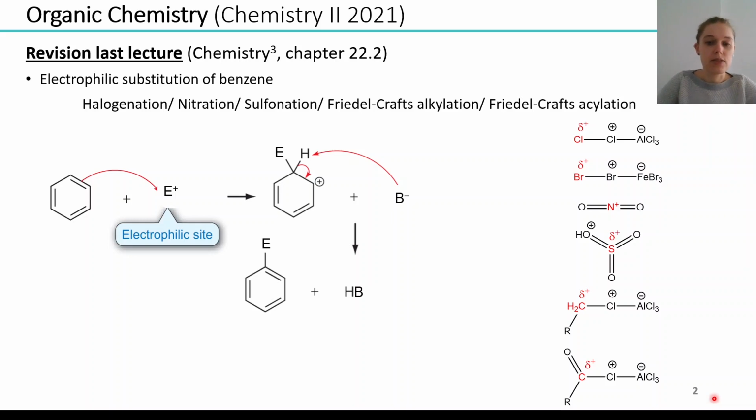However, this coordination complex is not stable, so it will directly break down to form an acylium ion and tetrachloroaluminate. The positively charged acylium ion is stabilized by resonance and is a stronger electrophile than the acyl chloride. Hence, the acylium ion will react with benzene.